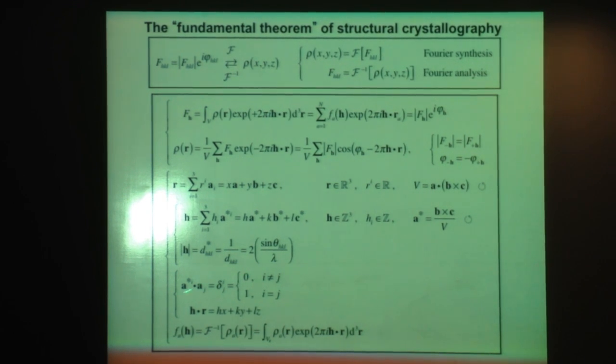But if the two are equal, A star dot A, B star dot B, and so on, we get unity. This is a property of the reciprocity of the real and reciprocal lattices.